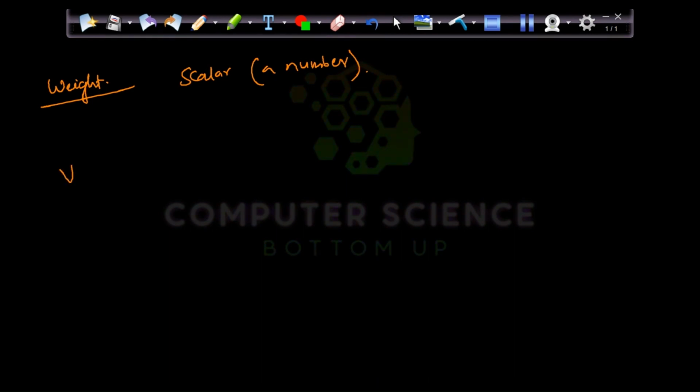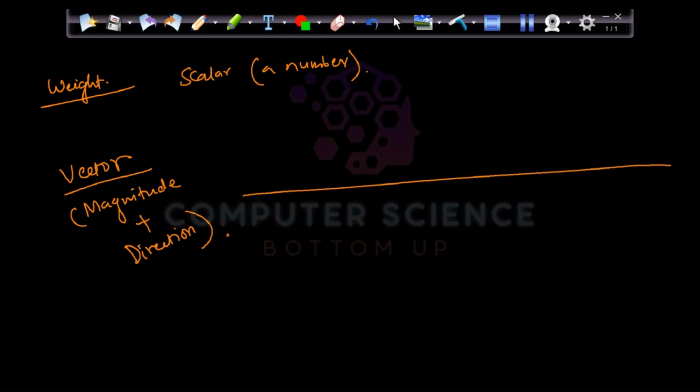Similarly, what is a vector? A vector has not only the magnitude but also direction attached to it. For example, if this is a positive x-axis, and there is an object on the x-axis, you apply a force of 20 Newton.